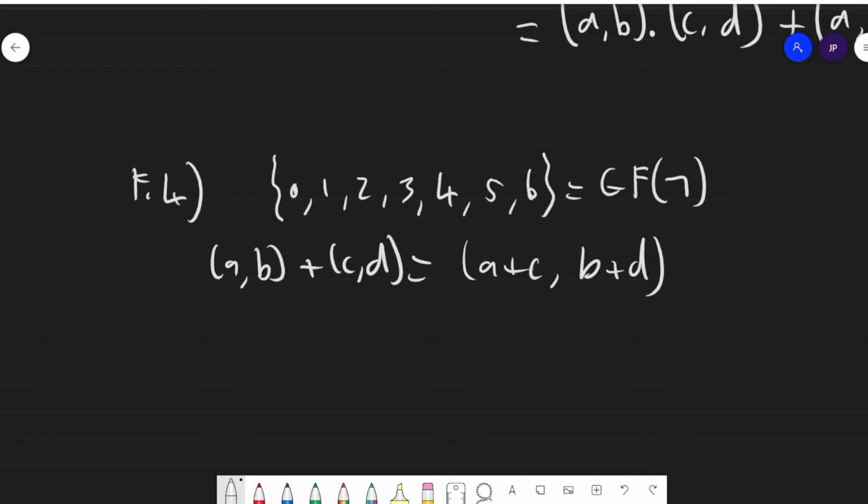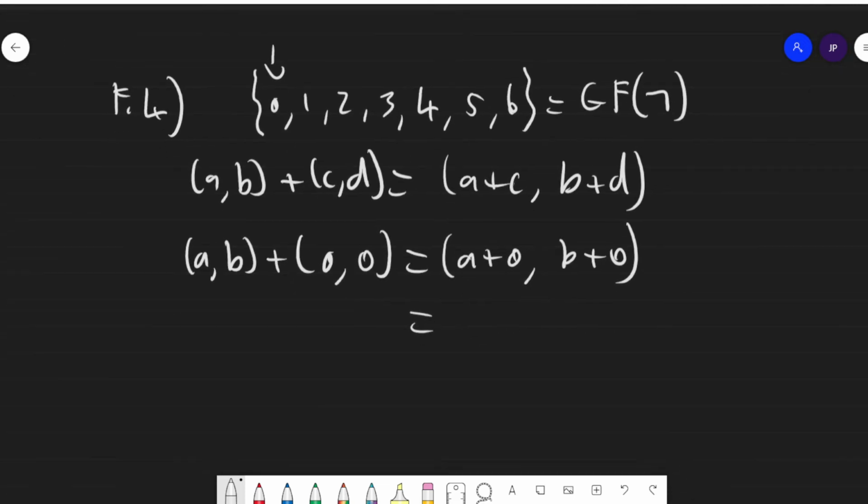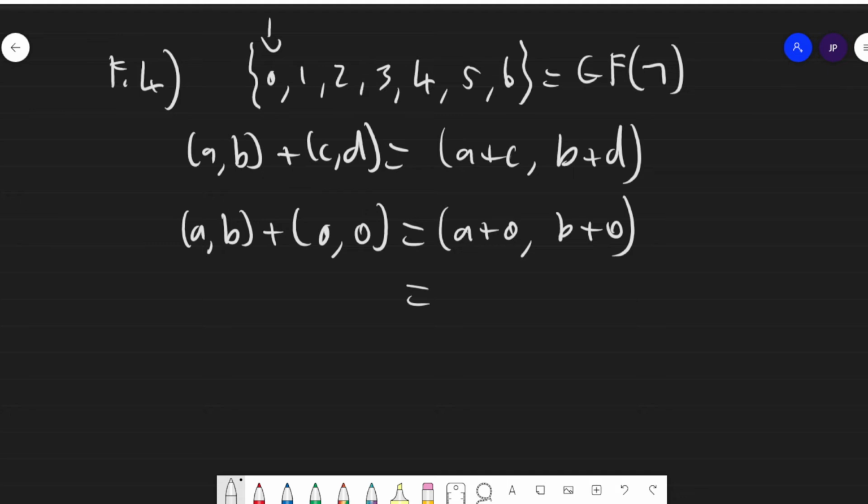And we know that 0 is actually part of the field, which is an identity for every other element. So I can very easily, by composing zeros, I will then, because 0 is an additive identity, an identity element for the elements in F, it means A plus 0 is just going to be A, and B plus 0 is just going to be B. So 0 and 0 is my identity element.